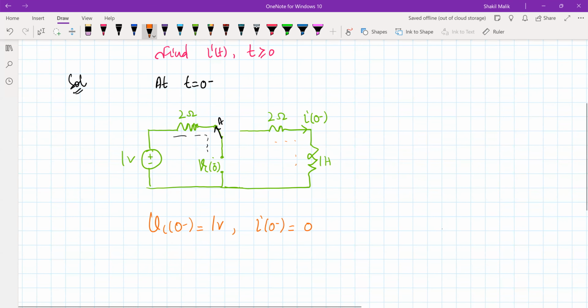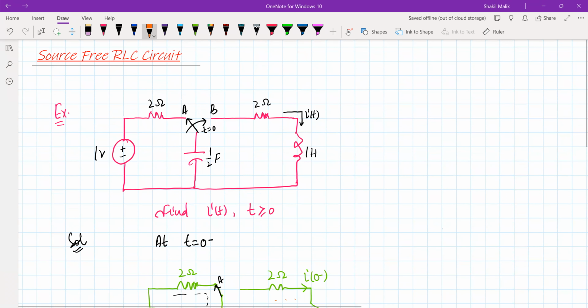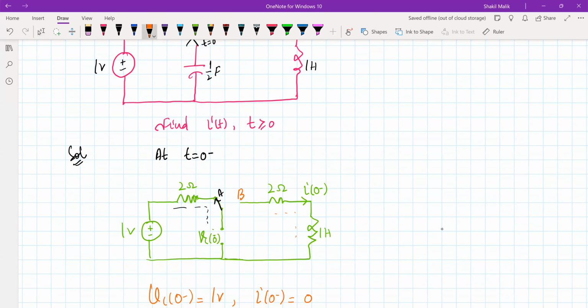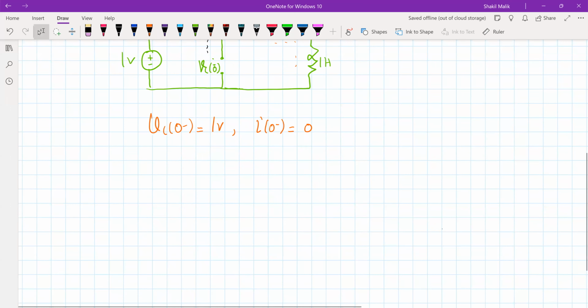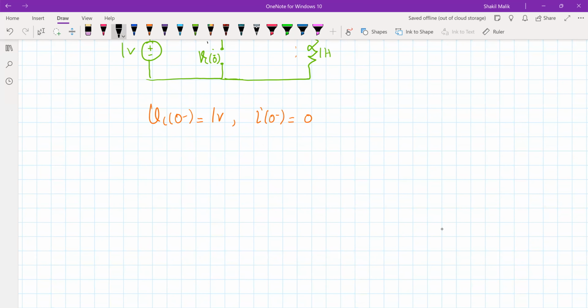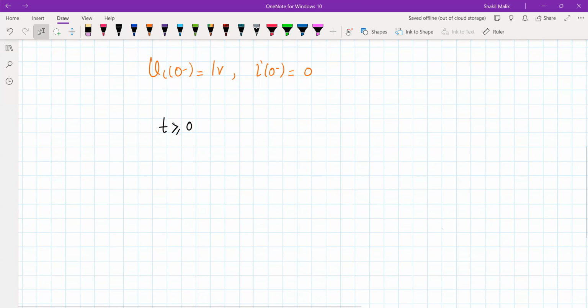Now, after we move the switch from position A to position B, for t greater than or equal to 0, what is the equivalent circuit? The equivalent circuit looks like this.